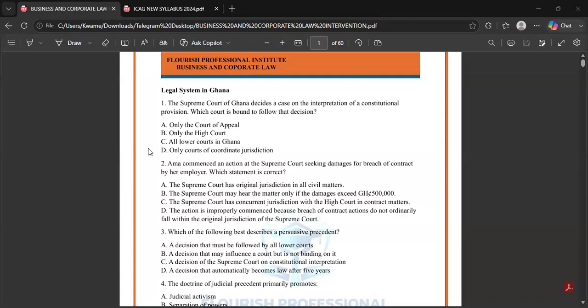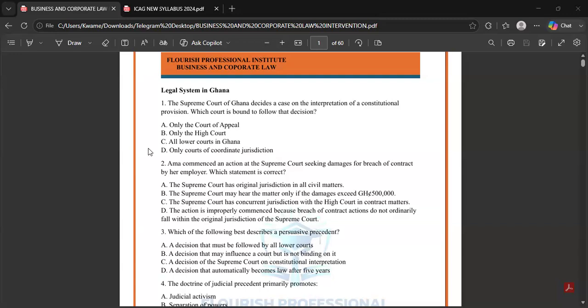Usually in law, it is advisable that the court remains consistent in its rulings. Not that it will give a ruling on this today and then tomorrow give something else on the same issue. So the court is usually bound by the rulings it has earlier passed.